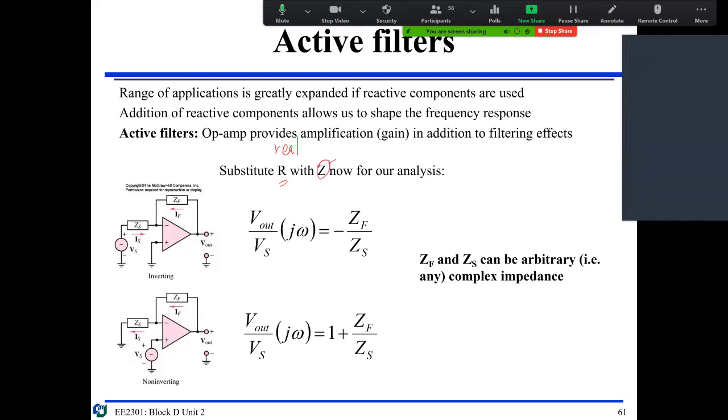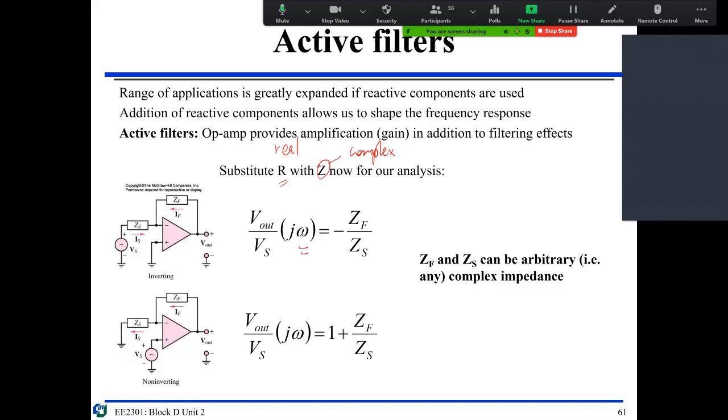But Z here is a complex number. So it's also frequency dependent. Different frequency, omega, you will have different impedance, and so on and so forth. Although it looks very simple, this is impedance ZF, impedance ZS. So it didn't change much.